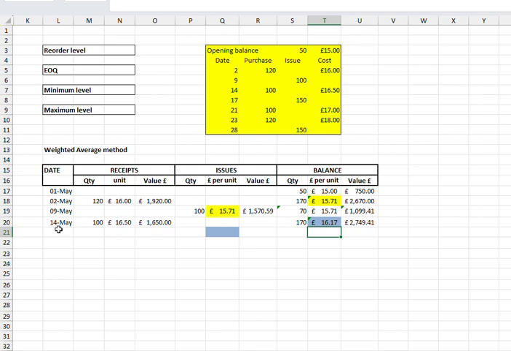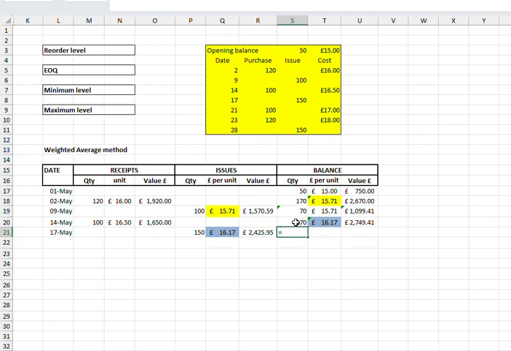So one last one, let's get 17th of May, let's get this issue in. 150 being issued. So we issue them at whatever the weighted average is, which in this case is £16.17. And that gives us the value.